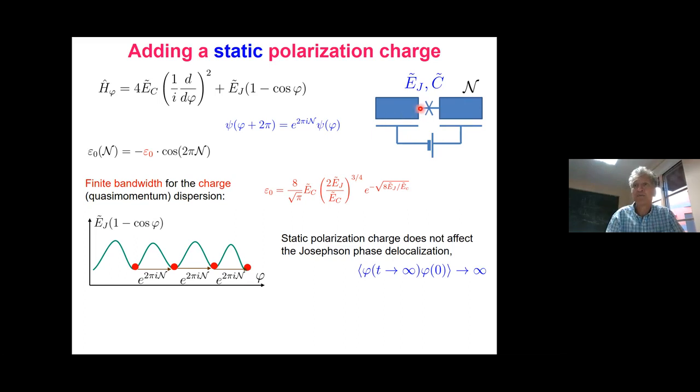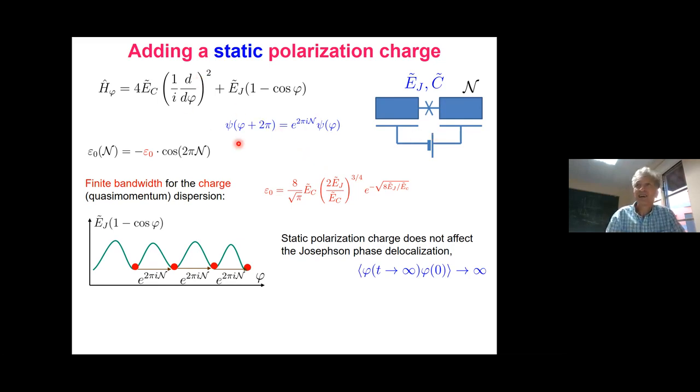Basically, the polarization charge corresponds to a change of the boundary condition for the wave function. It's the Aharonov-Casher effect. When I change phi by 2 pi, the wave function accumulates an additional phase factor e to the 2 pi i n, where n is the polarization charge induced by an external, say, battery.